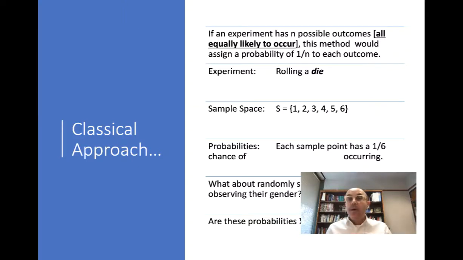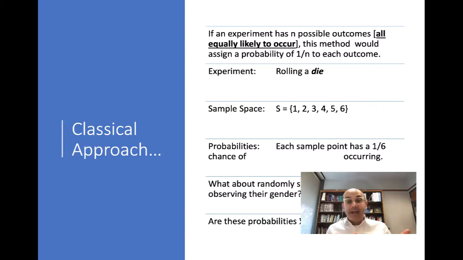So we will need to have the sample space. What is the space that this experiment will be conducted in? And then the probability of chance. Each sample has 1 to 6 probability of occurrence in the sample space that we outlined.